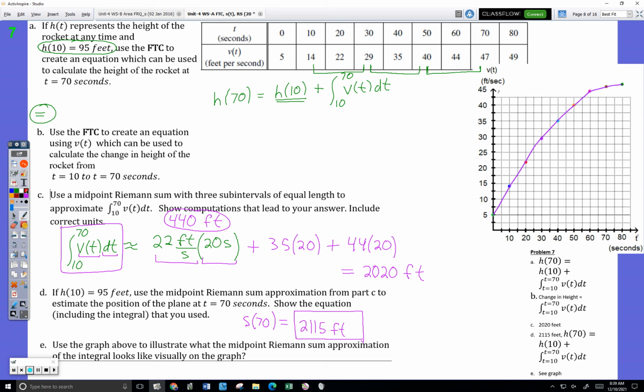First subinterval goes from 10 to 30. I've got a velocity of 22, so that should look like this. Can you raise your hand if you have that box drawn correctly? Point. Question? Okay, cool. Go to 8.